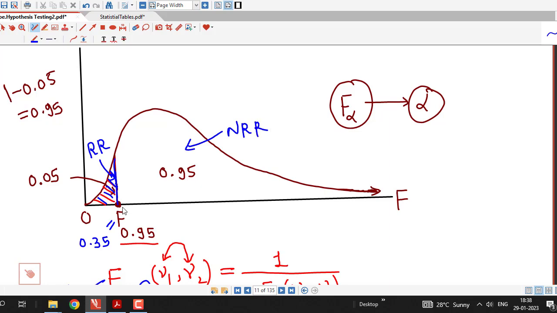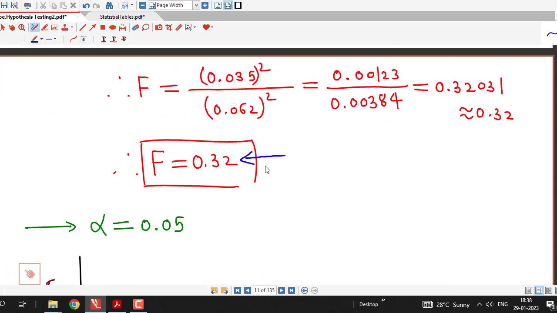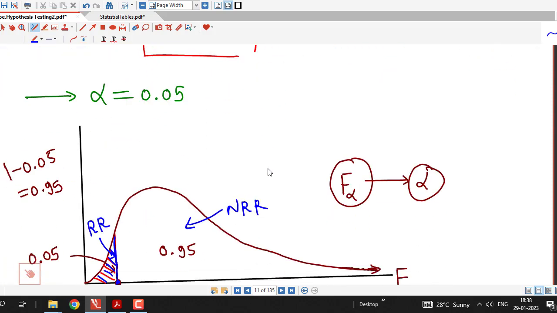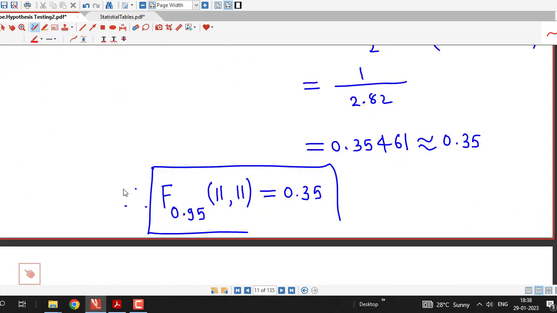Now we compare this critical value and the calculated value of the test statistic, which is 0.32. So 0.32 is less than 0.35, so 0.32 might be somewhere here approximately. This is the calculated value of the test statistic, and it is less than the critical value 0.35. That means we are in the rejection region, and this shows that we must reject the null hypothesis.